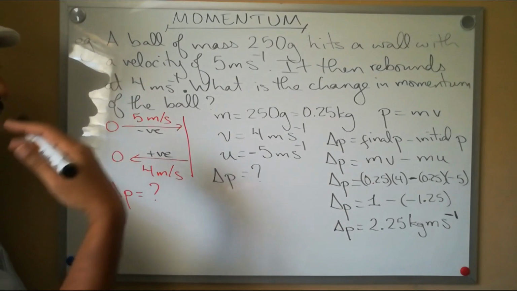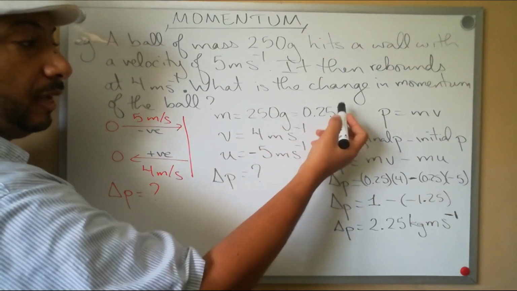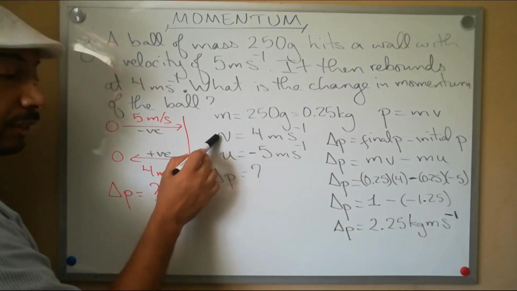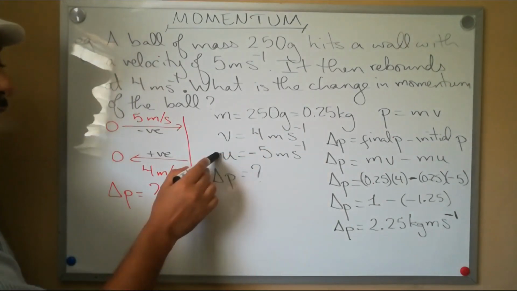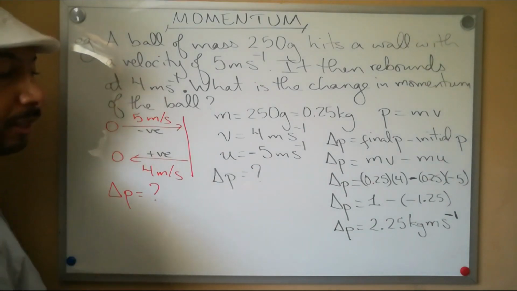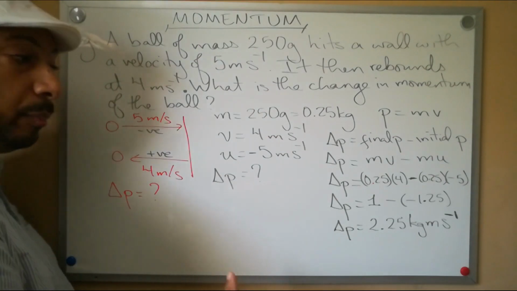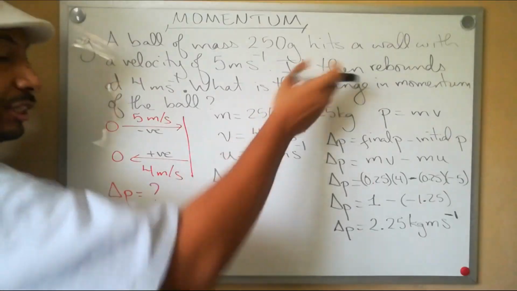So I then identify my givens. I know the mass is 250 grams, which is 0.25 kilograms. The final velocity is 4 meters per second. The initial velocity would then be negative 5 meters per second. I then write down my formula, p equals mv. In general, that's how you find momentum. But I'm looking for the change in momentum.